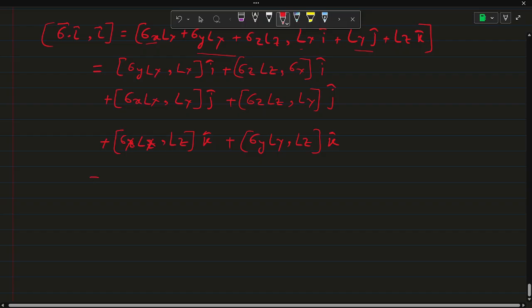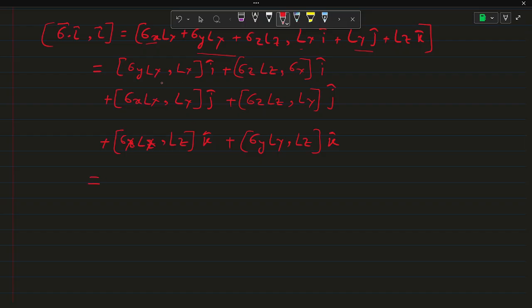Now from here, sigma y and Lx will commute, so we will take sigma y outside. Here we are left with Ly and Lx.